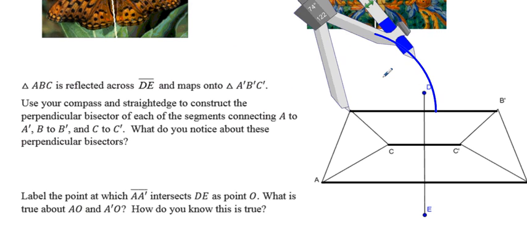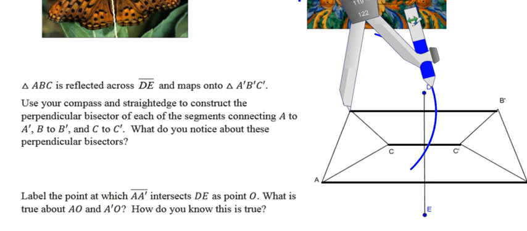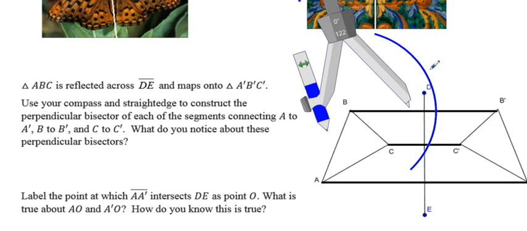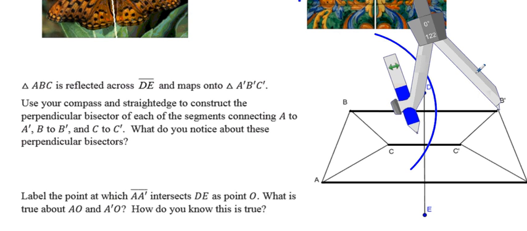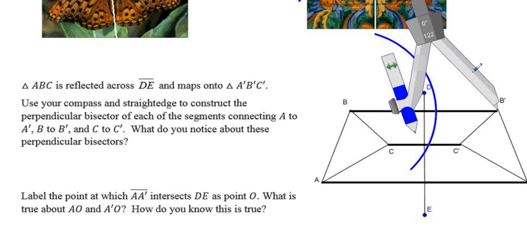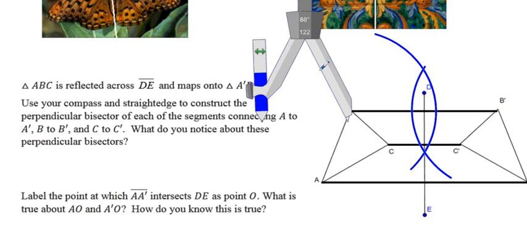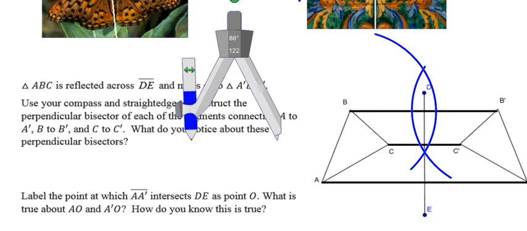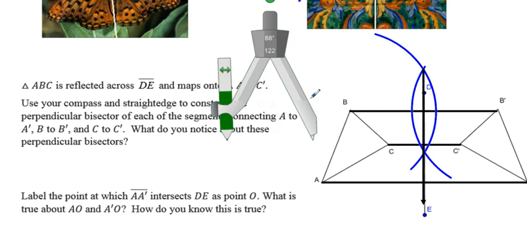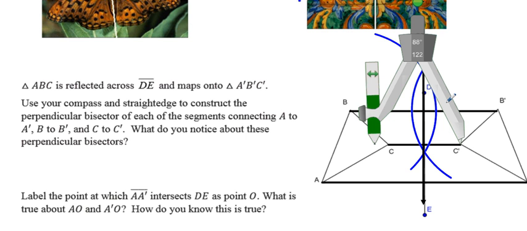And hopefully this will be a relatively quick construction for you because we did this a lot in the first unit. So there's my perpendicular bisector of segment B prime. I think I'll use a different color now to go construct the perpendicular bisector of C prime. Maybe I'll use green here.